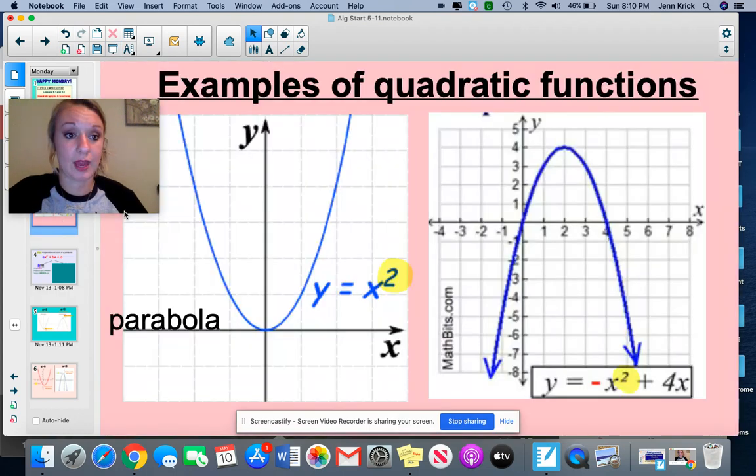Okay, let me show you that. So notice that a is positive because it's a positive 1 here. Your parabola opens upward, and the vertex of the graph, which is right here, would technically be the lowest point.